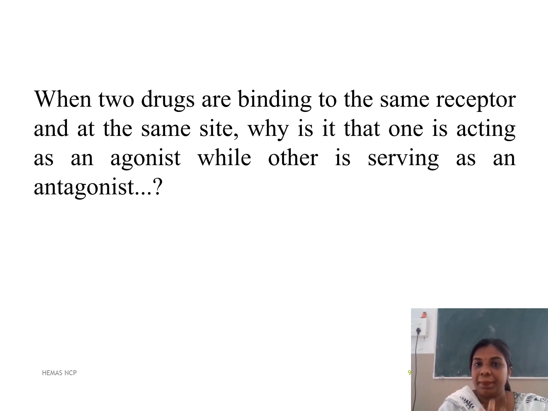Two drugs may bind to the same receptor and even the same binding site, but they can produce different effects, because binding alone is not enough to produce a pharmacological action. The key difference is that an agonist binds and activates the receptor, while an antagonist binds but does not activate it. So the issue is not just where they bind, but what happens after binding.